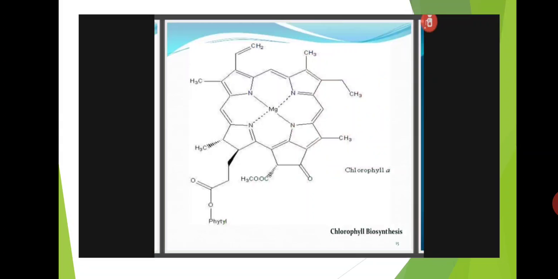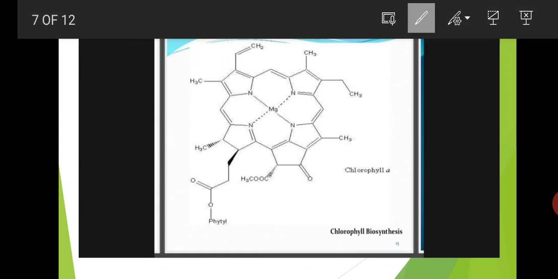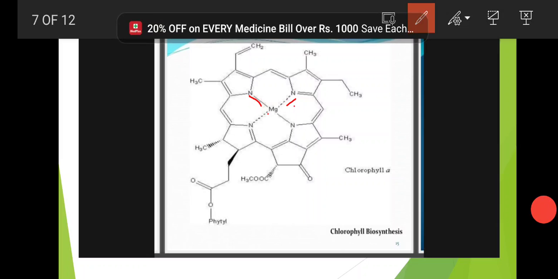And here is the chlorophyll A structure. The central metal atom is magnesium. This magnesium is bound with 4 nitrogens of 4 pyrrole rings. Here also a conjugated tetrapyrrole system is there, and conjugated double bonds.